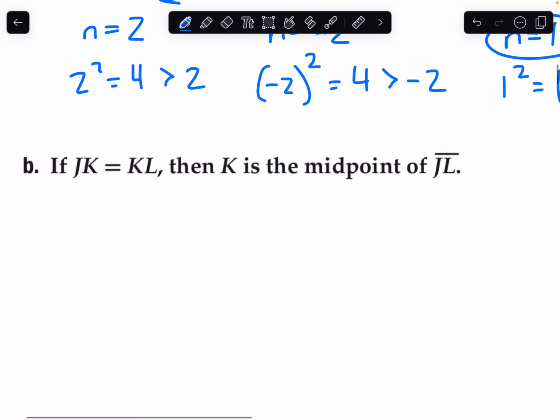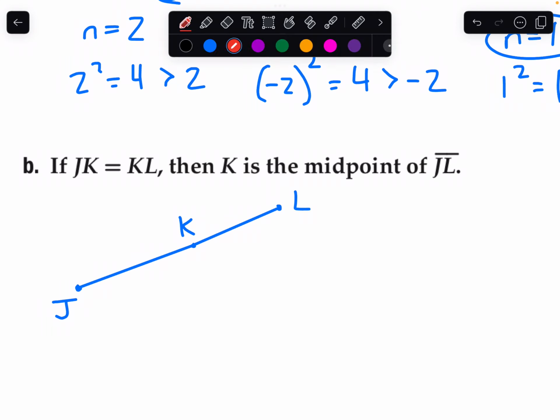Anyways, B, geometry 1. If JK, well, let's start drawing a picture here. Here's J, here's K, is equal to KL. So we have another distance from K to L. Pretend those are, you know what, we don't have to pretend. I will mark them.